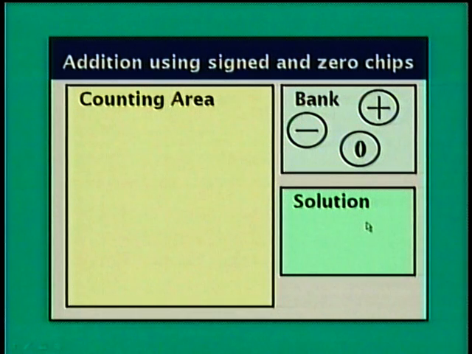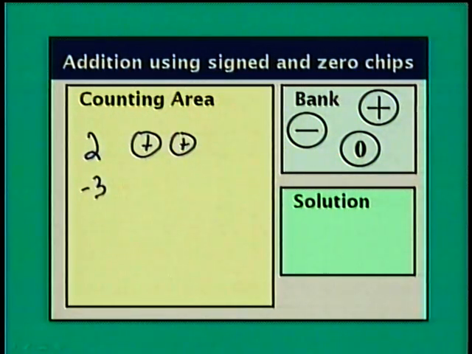So what I'm going to do with these signed chips is I'm going to use them to represent both positive numbers and negative numbers. For example, if I wanted to represent positive 2, I would use 2 positive chips. If I wanted to represent negative 3, I would use 3 negative chips.